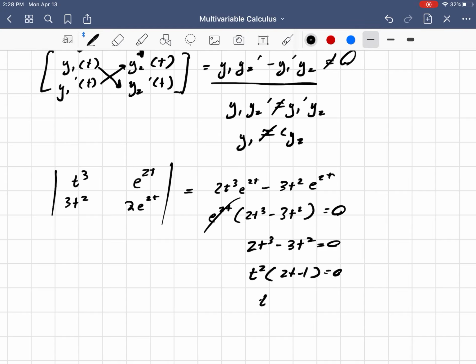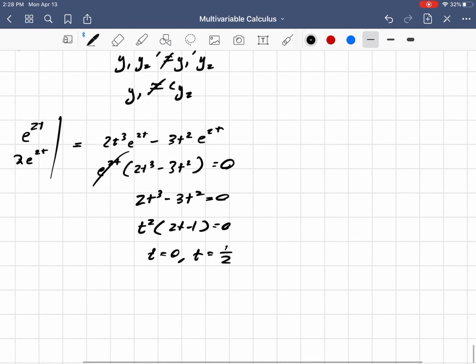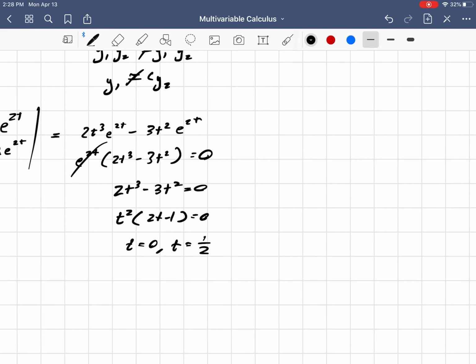So when is 2t cubed minus 3t squared equal to 0? We can have t squared times 2t minus 3 equals 0. So t is equal to 0, or t is equal to a half. And if we do a sign chart on this polynomial, we have 0 and we have a half.